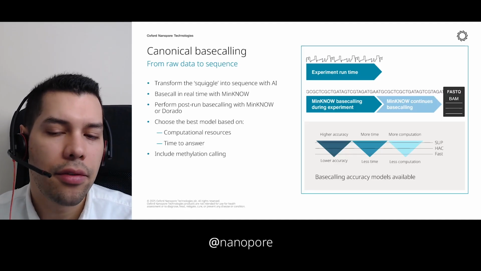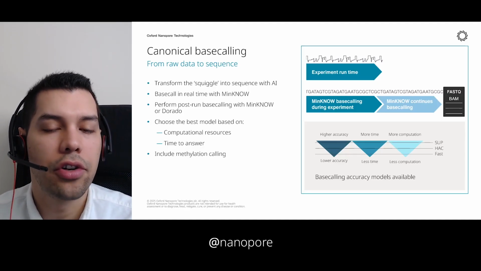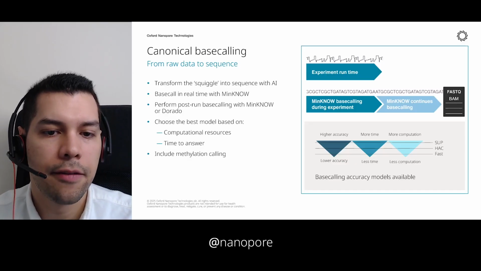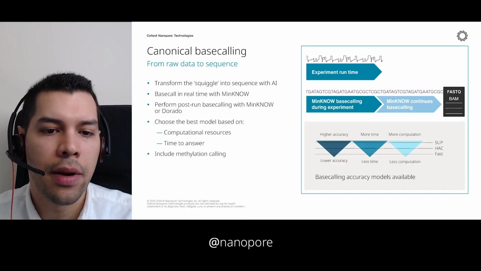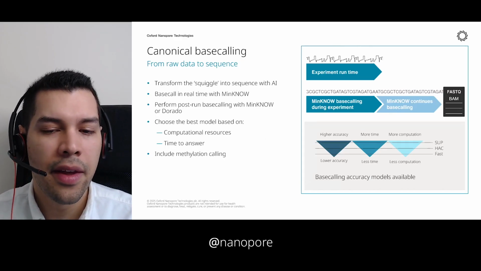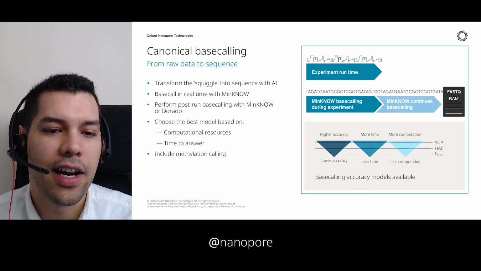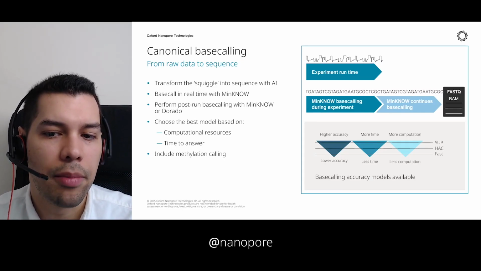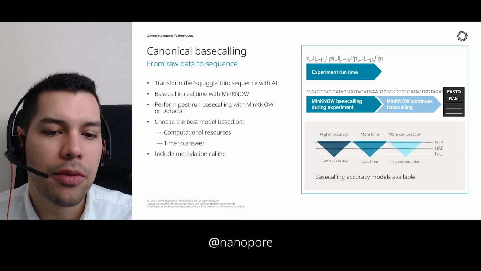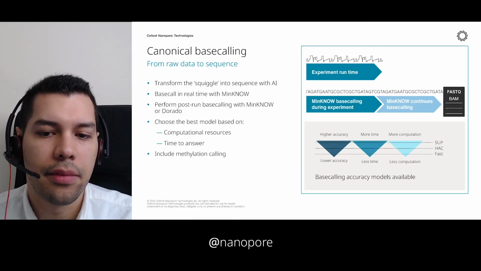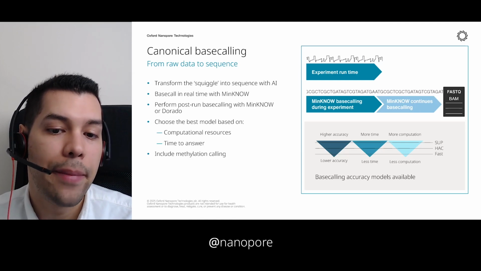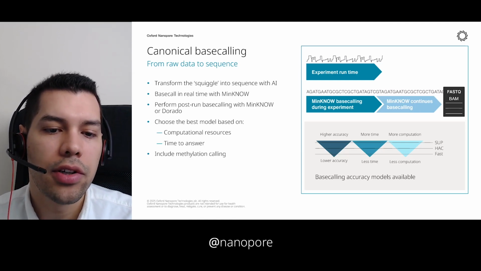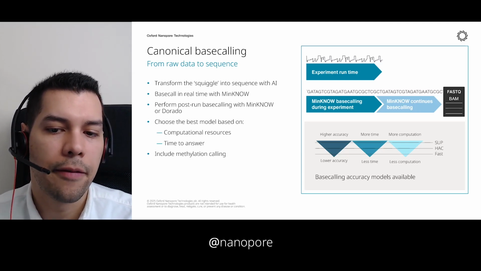You can choose between 3 different accuracy models given your computational resources and your time to answer requirements. There is a fast model that requires less computational power and less time to result, and this is perfect when turnaround time is an important consideration for your application, or when sequencing in the field, to give a couple of examples. The super accuracy or SUP model gives the best accuracy, but it requires a lot more GPU power to base call.